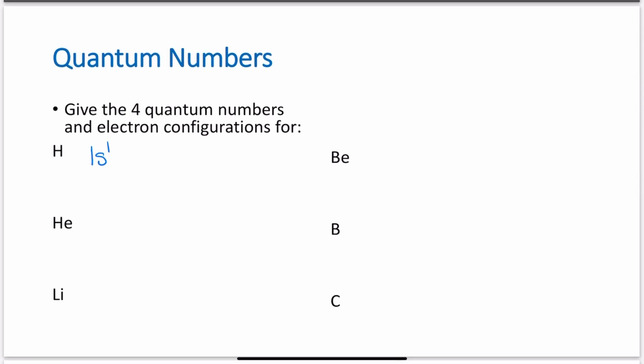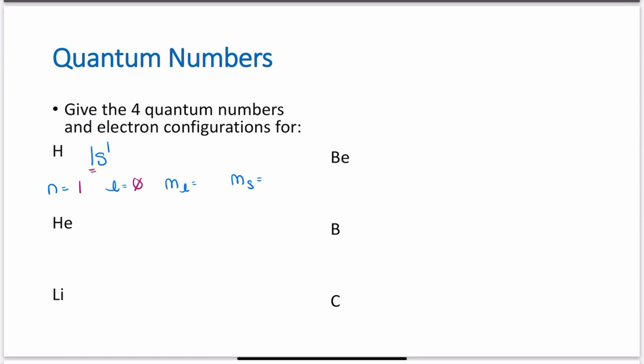Now the 4 quantum numbers for this, again, quantum numbers are n, l, m sub l, and m sub s. N is your energy level. We just told you we're in the first energy level. L is the type of orbital shape you're in.